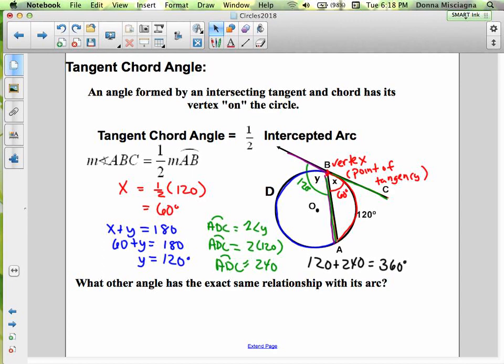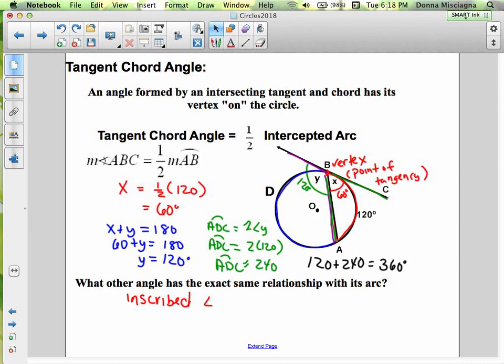So what other angle has this exact same relationship with its arc? You can add this to your notes as well. That's the inscribed angle. So technically the tangent chord angle is a type of inscribed angle. But because it's formed by a tangent and a chord rather than two chords, the angle goes off the circle, and the arc goes from the end point of the chord where it intersects the circle to the vertex where the tangent and chord intersect.